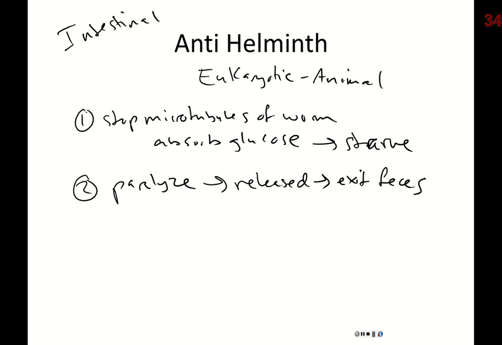Okay, so that's another way to get rid of them. Not so great, of course, if it's a really, really big worm, but for some of the smaller worms, you can do that. And then just so that you can recognize some of their names, albendazole, praziquantel, these are anti-helminth medications.